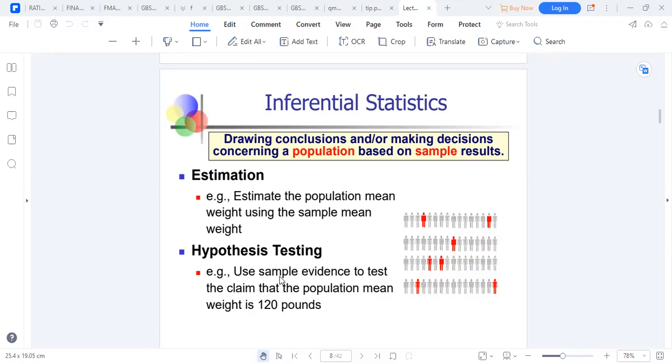Here, as a researcher, you want to get detailed knowledge about a certain phenomenon. You're only going to pick a certain class.